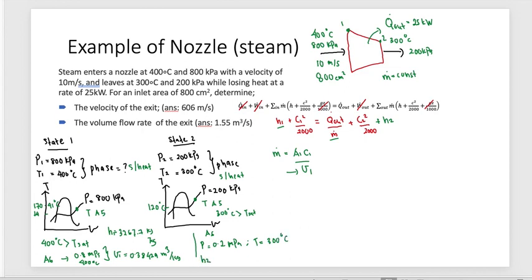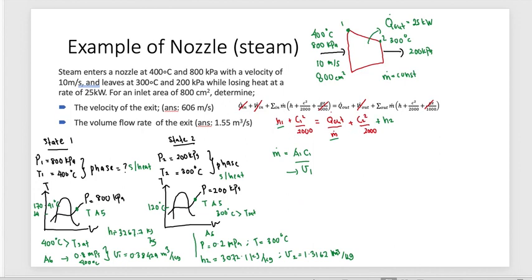I will get H2 as 3072.1 kilojoule per kg and specific volume at 2 is 1.3162 meter cube per kilogram. Please be careful with the unit. So I get H2.